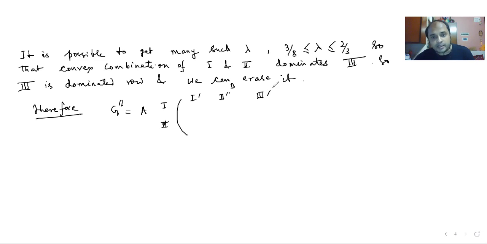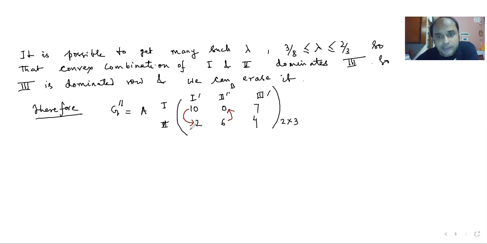And what are the values? 10, 0, 7, 2, 6, 4. The matrix size is reduced further to order 2 by 3. Now you see that again you are to compare the rows. This particular element is dominating that element, but this is being dominated.